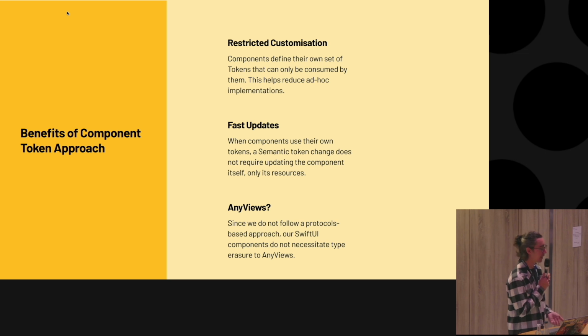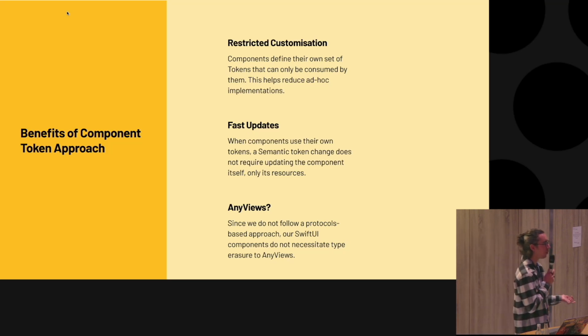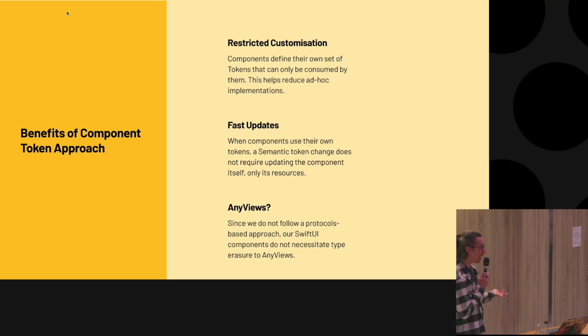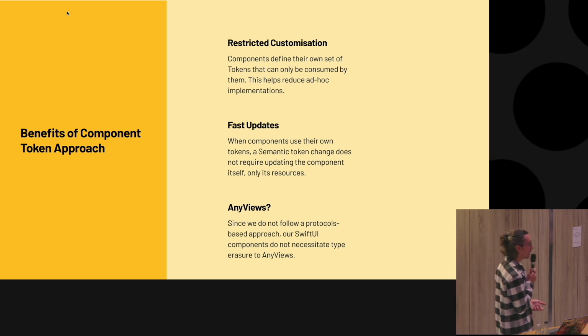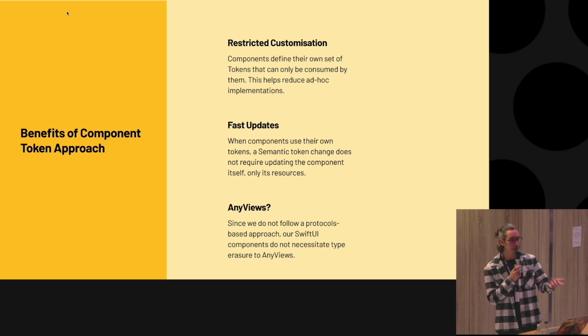Fast updates. I don't have that implemented because it takes a while to do, but who says that you have to redeploy a whole graph of styles when you're doing your customization? What if you could just say, hey, I'm having a seasonal campaign, or I have a partner, I have a new membership.